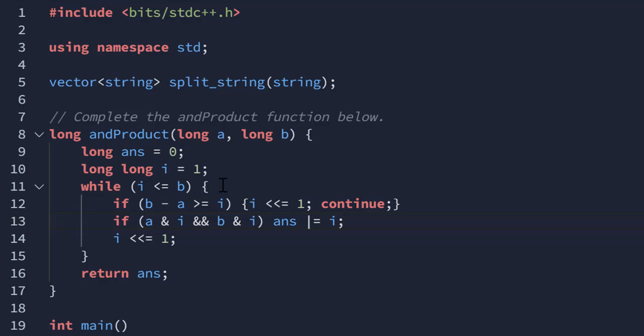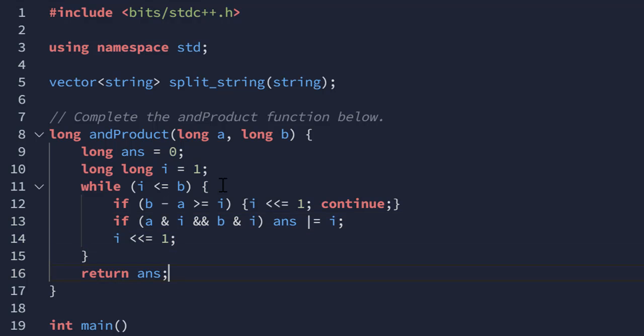Why? Because we know that we have a range that can maintain that bit on, and if that range is composed only of numbers that have that bit on, the first one and the last one should have that bit on. Then you just return ans and that's it.